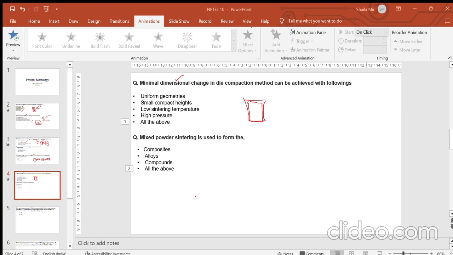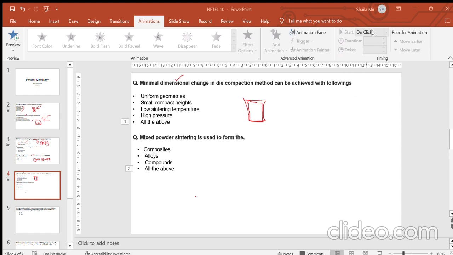Assuming uniform shrinkage, that means you are assuming that the material is shrinking uniformly throughout. There is no anisotropy in it. For example, if the material is here, the shrinkage through this dimension or through this dimension is all the same.